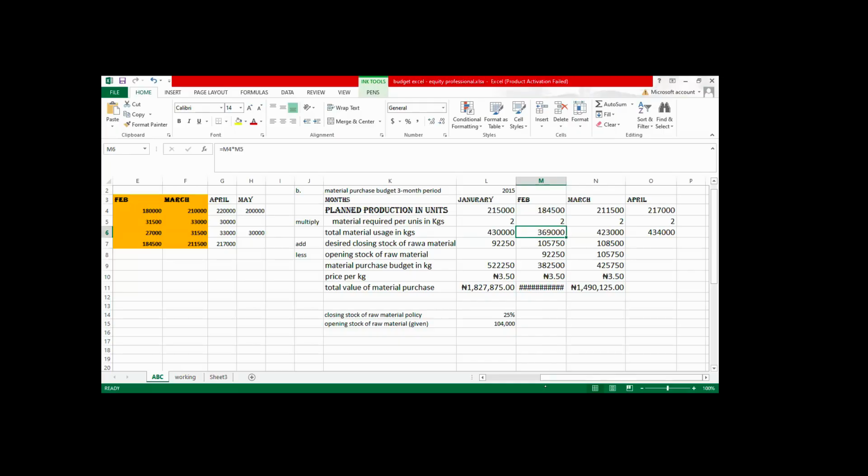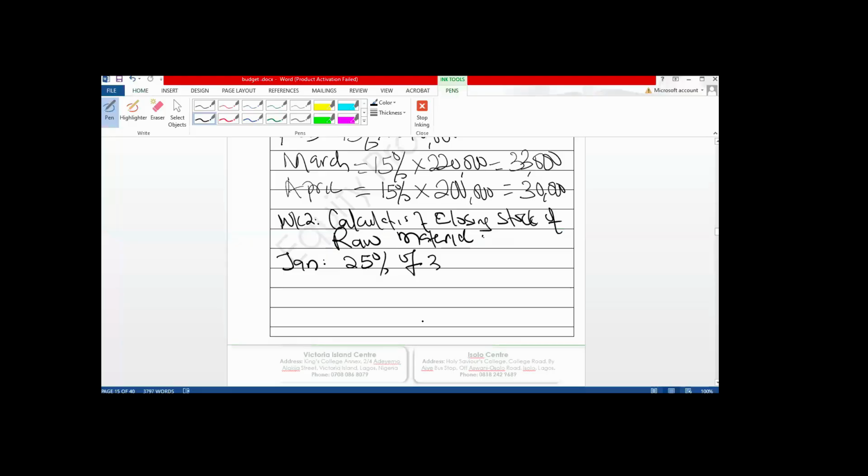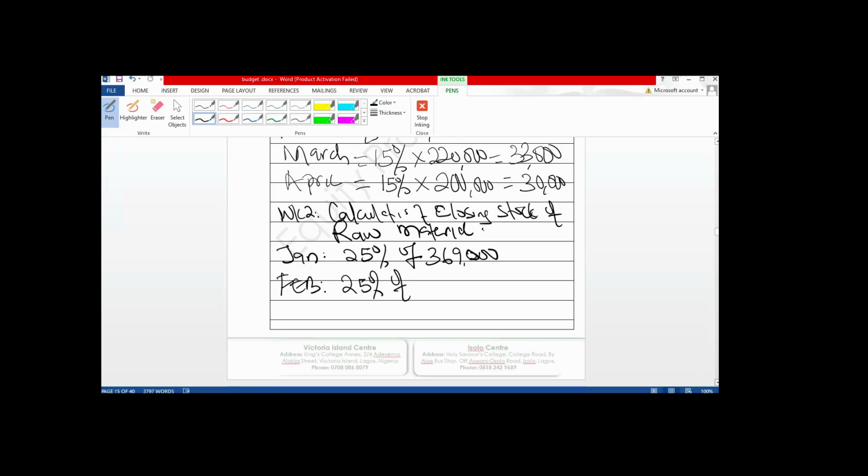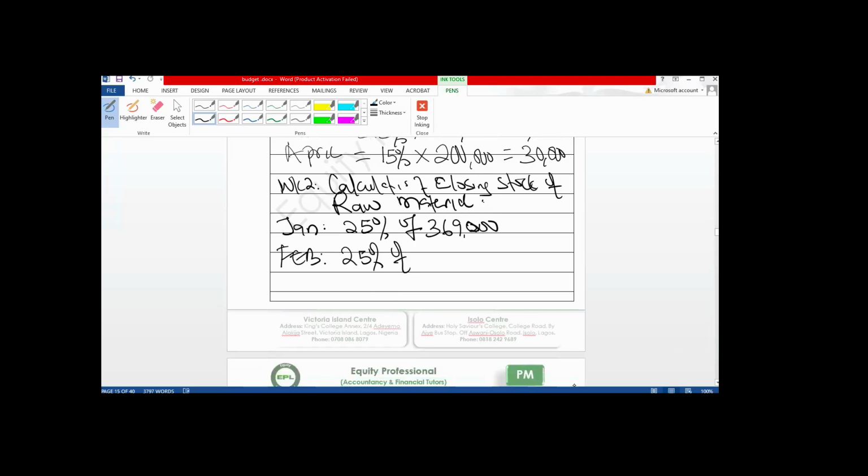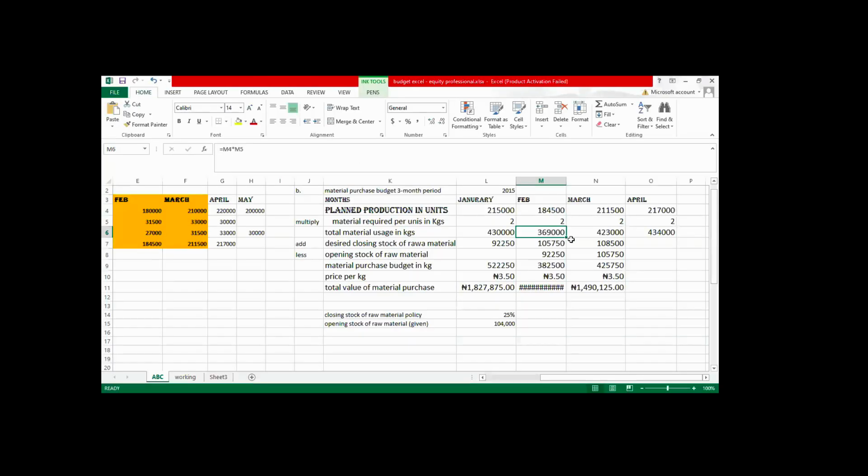I will now compute 25% of 369,000. For February, 25% of following month production requirements. After February, the following month is March, 423,000.